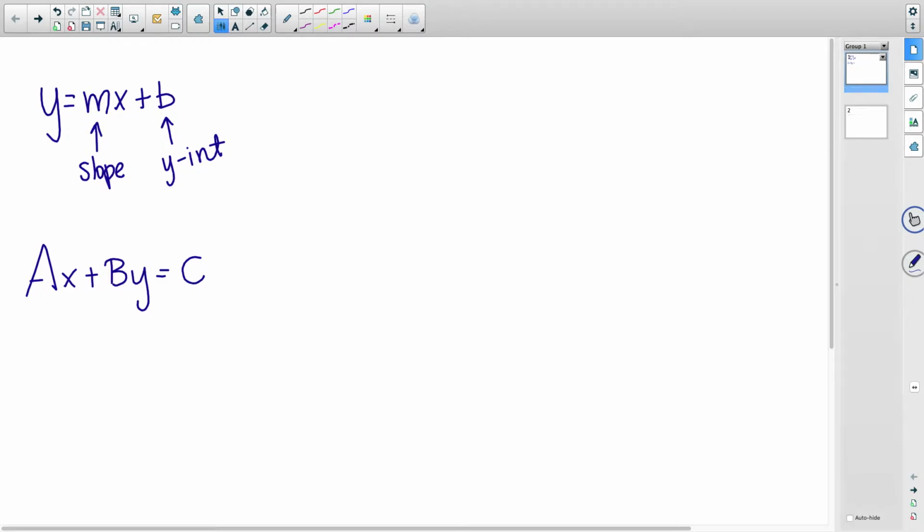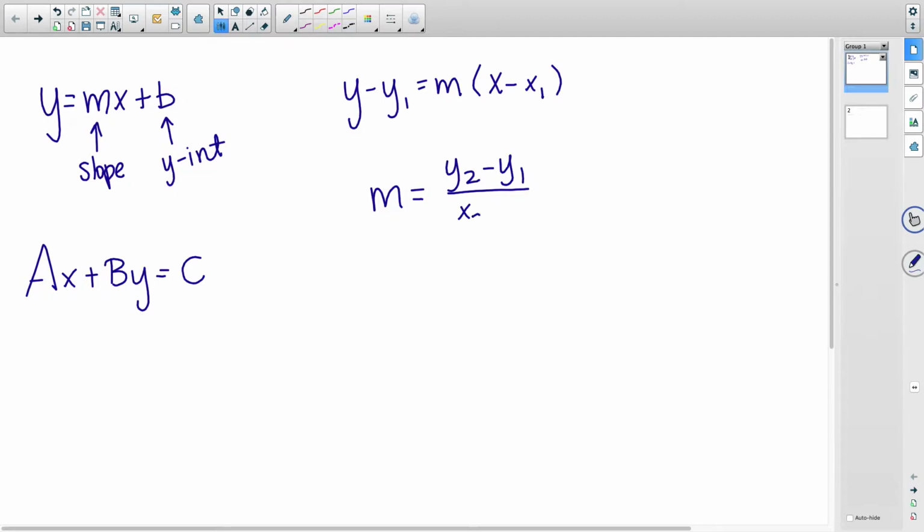To solve the problem, when we are given the information, we want to use what's called point-slope form, and that is y minus y1 equals m times x minus x1. And then finally, we're going to need to use the slope formula to find the slope between 2 points. So m equals y2 minus y1 over x2 minus x1.